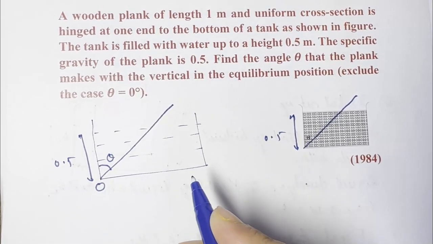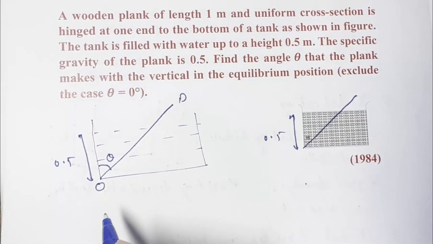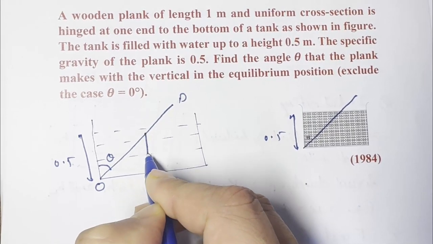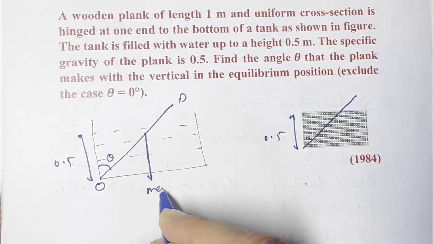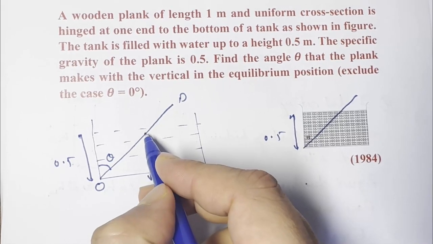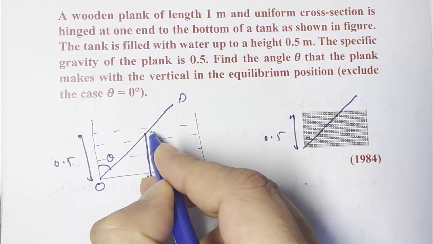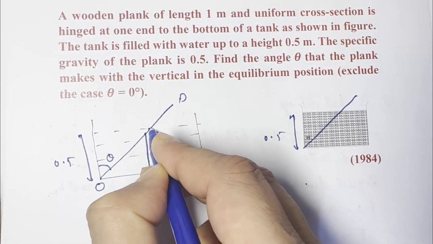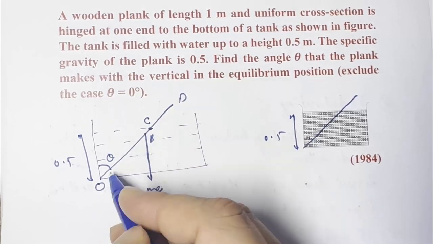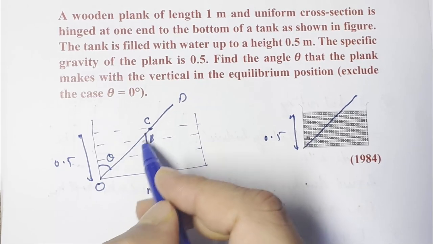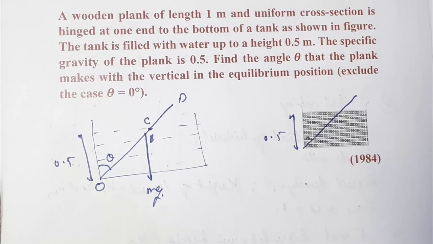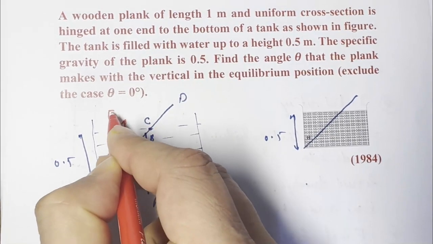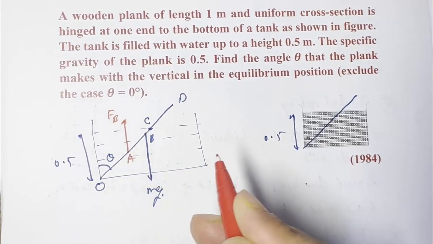Let us call this O, and this D, and the center of gravity of this OD, where the weight will be acting, let us suppose is somewhere here, so it will be acting in downward direction as mg, and let us call this point B. The length of the plank inside the water, let us call that point C. So OC is the length of the plank that is inside the water, and the buoyant force will be acting only on this OC length, and let us suppose that is acting somewhere here in this direction, and let us call that FB, and this point A.